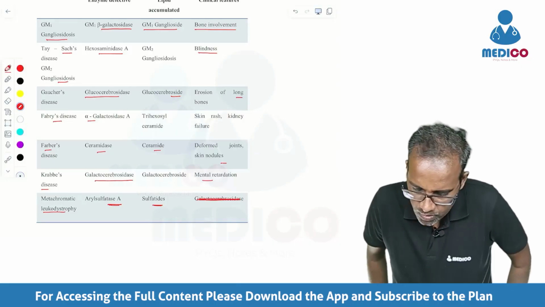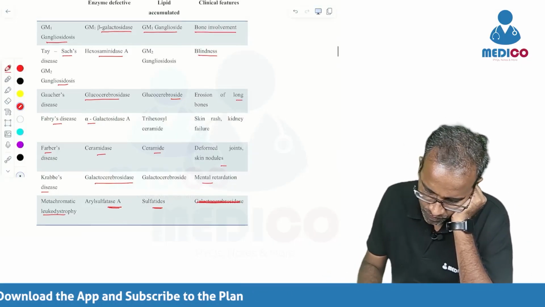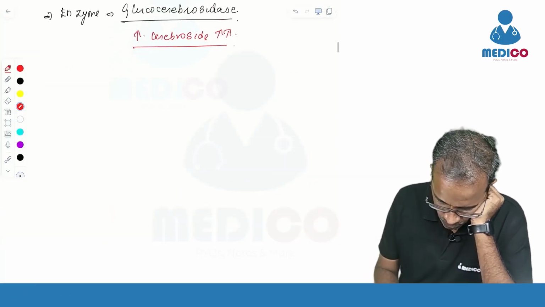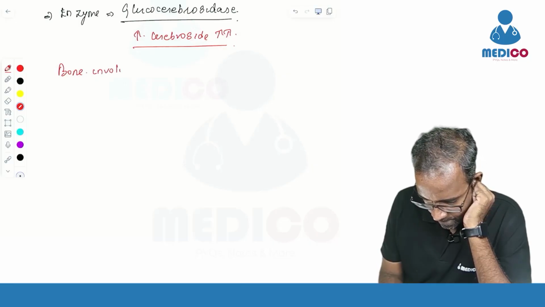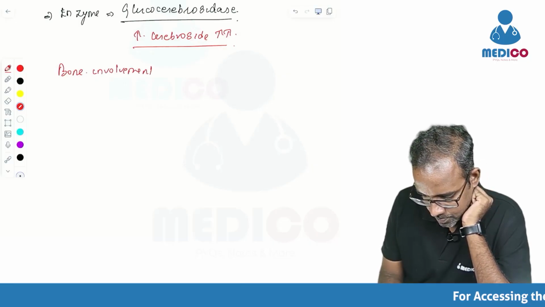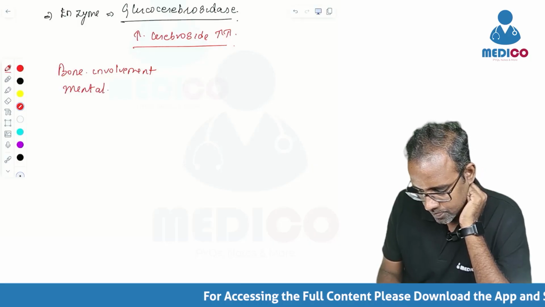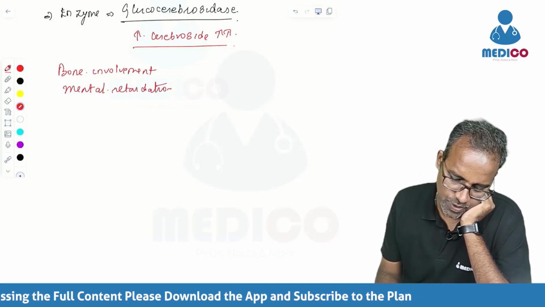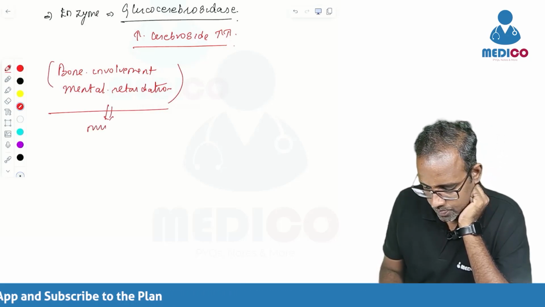Okay, in all these mucolipid storage disorders, you can see from this table that bone involvement, mental retardation, or CNS involvement are the characteristic features.